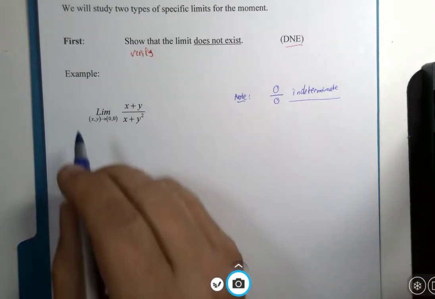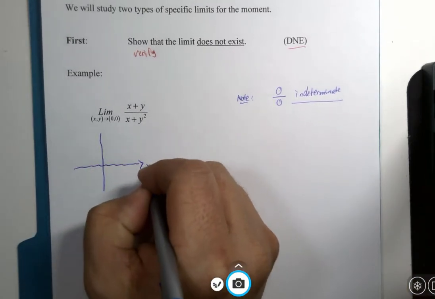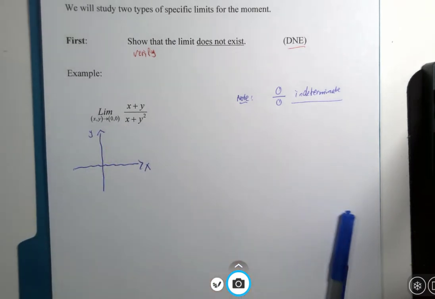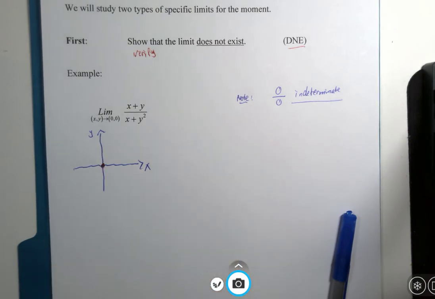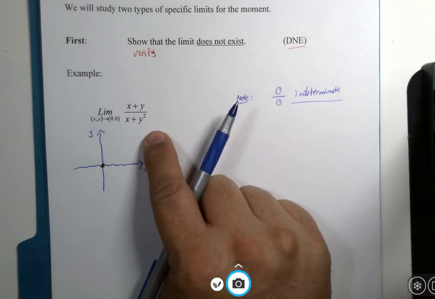And the goal is, if we're going to approach the origin 0, 0, we're going to approach from different directions and just see what that means in an algebra sense. What does it mean to approach from different directions?